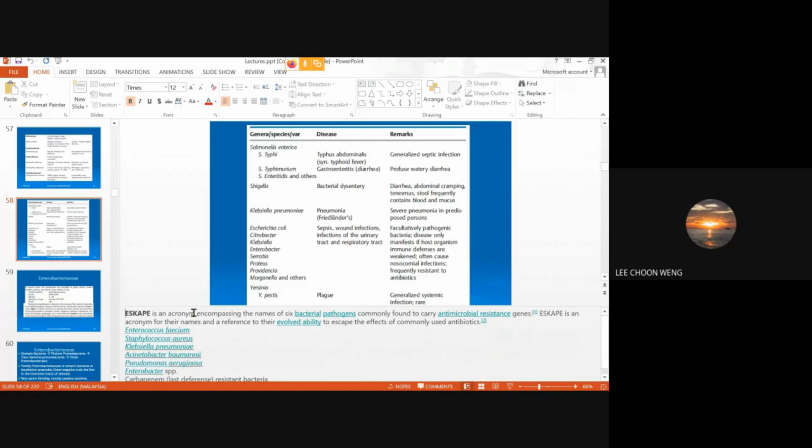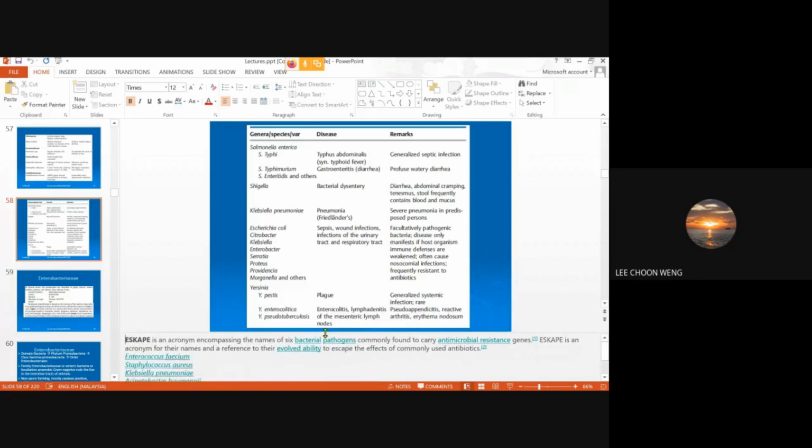These are the bacteria that are highly resistant. They are commonly found to carry antimicrobial resistance genes, and they are very important in hospital infections or nosocomial infections. They cause a lot of problems in hospitals.